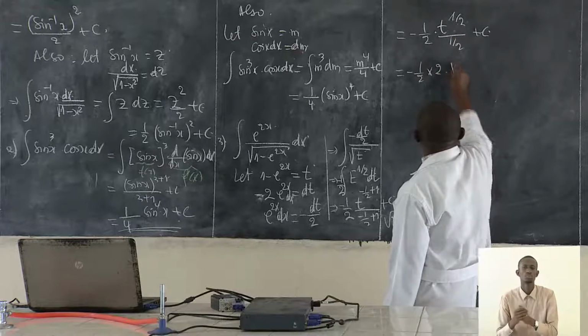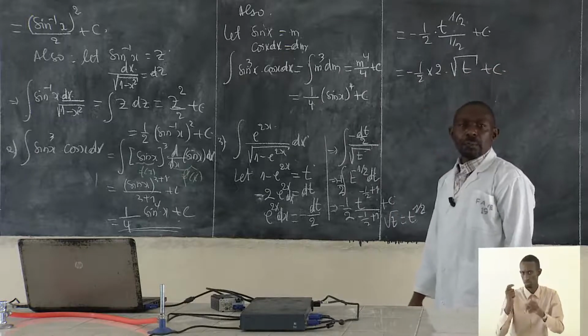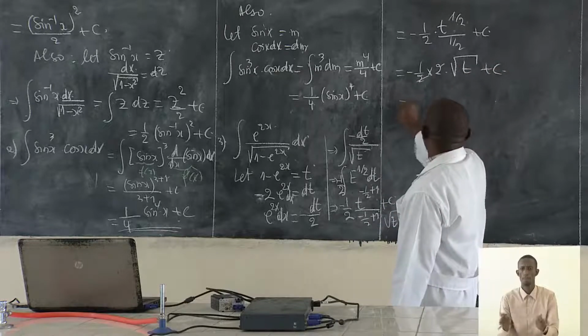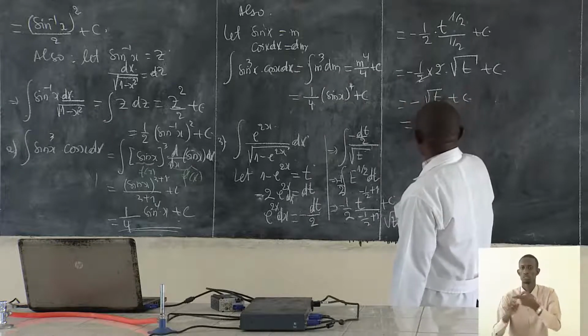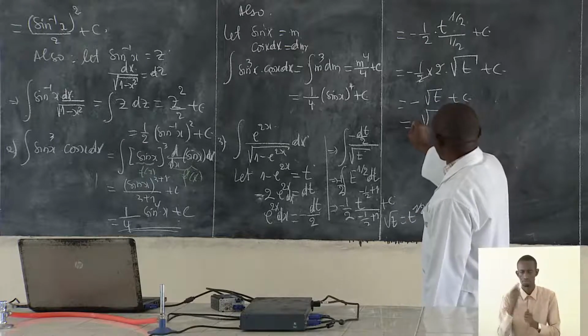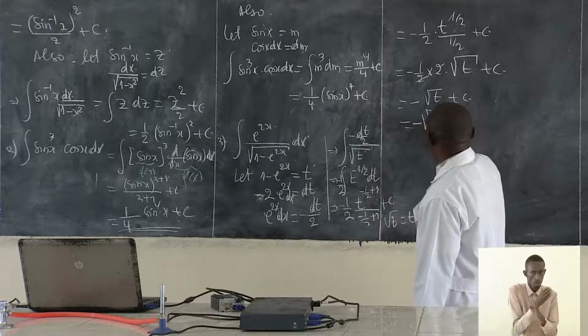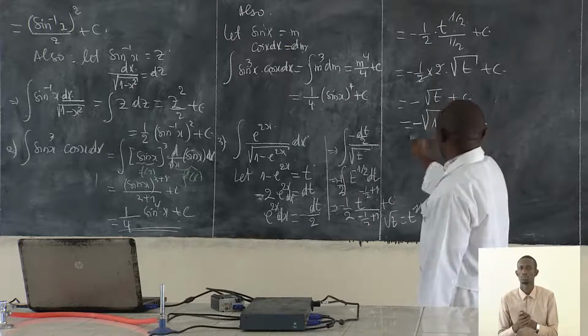T power half is square root of T plus C, right? Simplifying, I'll be having minus square root of T plus C, and replacing T by its value, I'll be having negative square root of 1 minus e power 2x plus c, and I'm done.